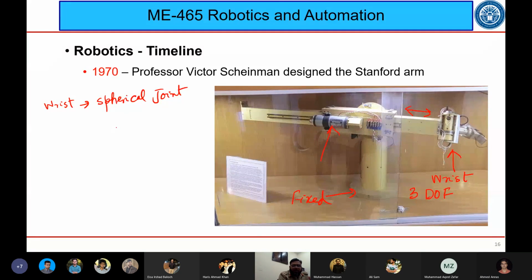और spherical joint क्या होता है? आपने गाड़ियों में constant velocity joints देखे होंगे, CV joints होते हैं, जिनको आम भाषा में गोडा भी कहा जाता है.